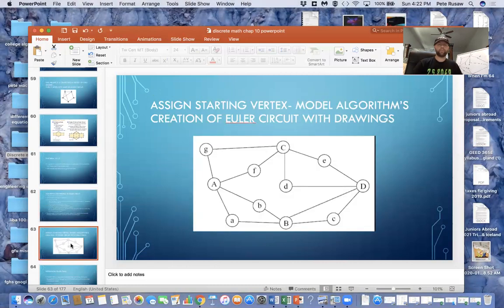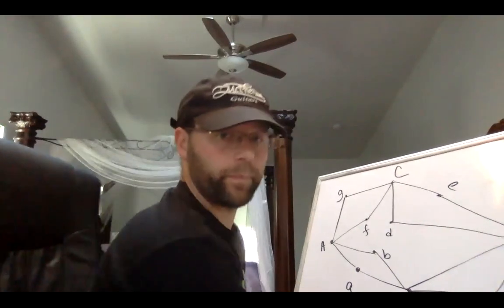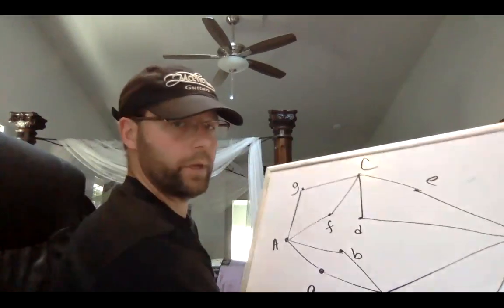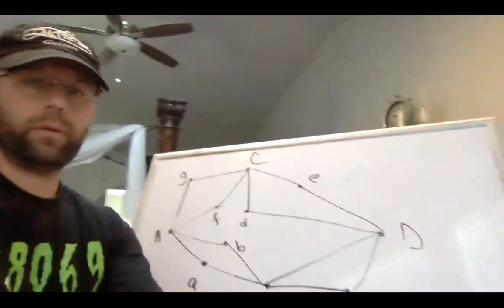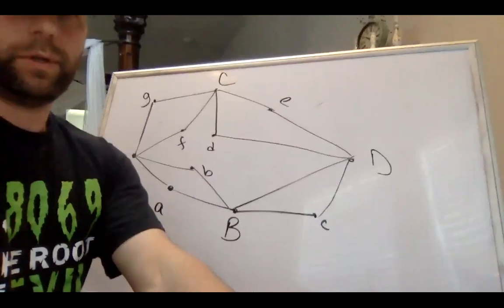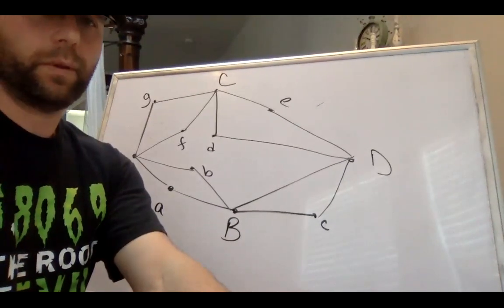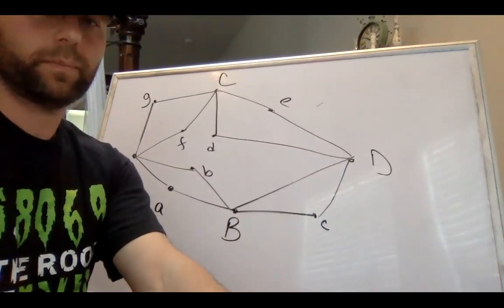So here we have a particular graph, and if you want to, you can copy that down. It's on my whiteboard behind me. And what I'm going to do is I'll stop sharing my screen so that you can see the whiteboard, and then we'll talk through just what this algorithm is saying.